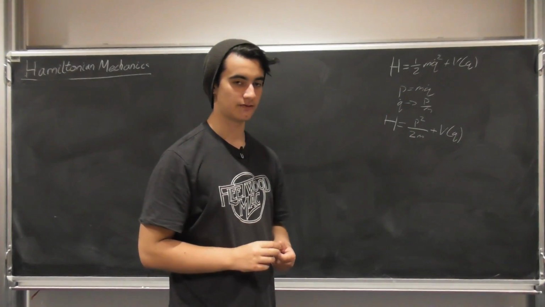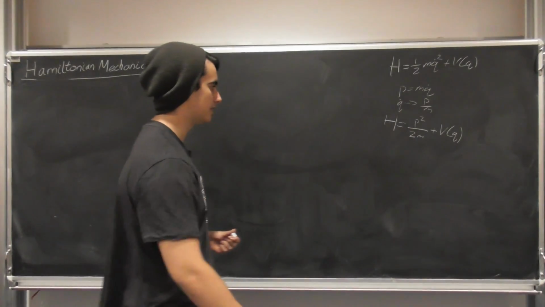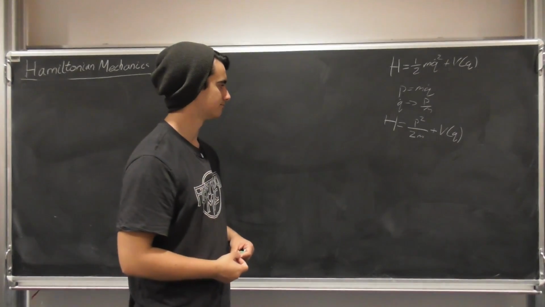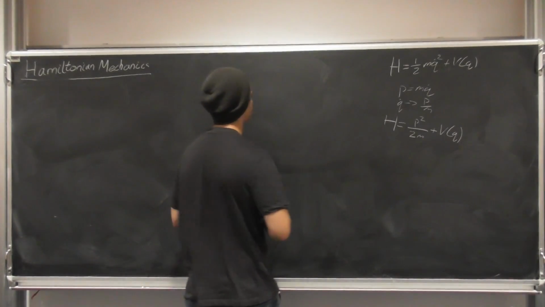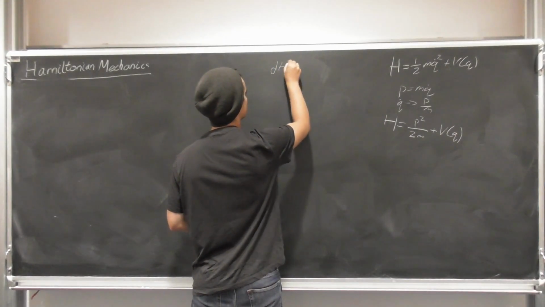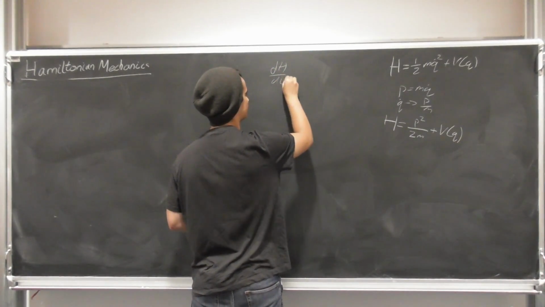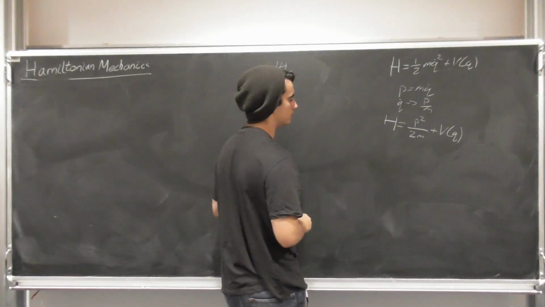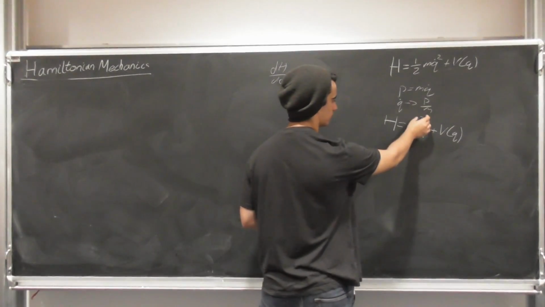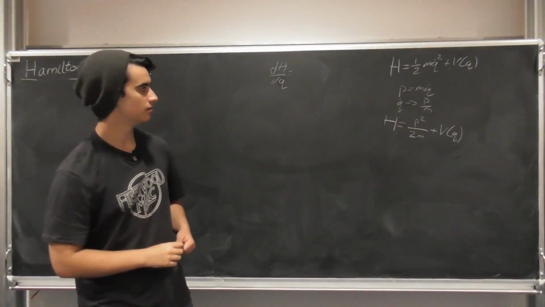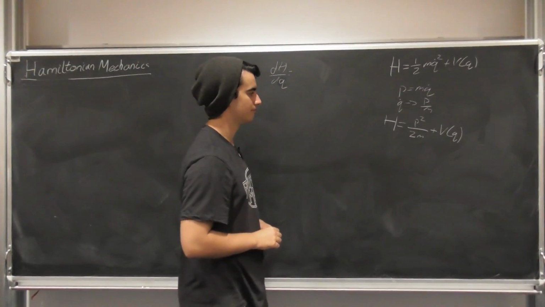So let's have a look and try to differentiate our Hamiltonian with respect to position. Right, so if we take dH/dq, we'll notice that the first part of our Hamiltonian here has no dependence on the position, and so it'll go to 0.